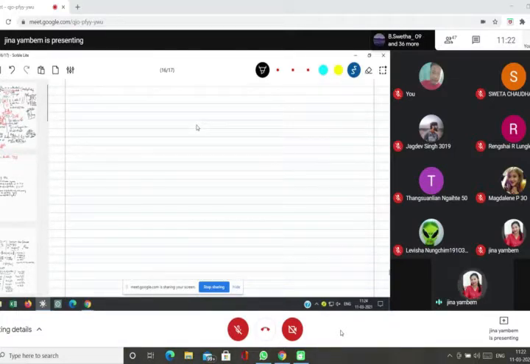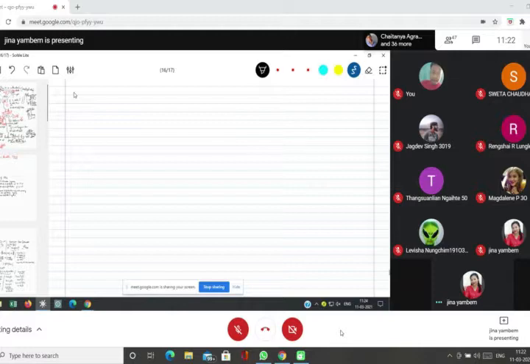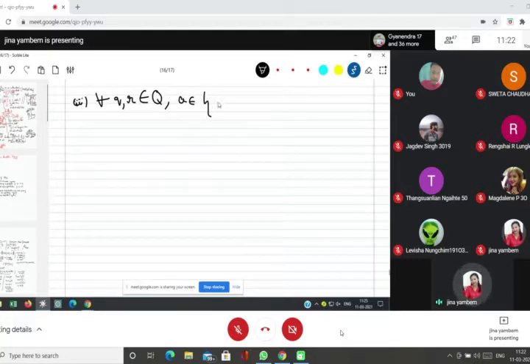Then the next one is rule number 3. For all q, r belongs to this, a belongs to the terminals, including epsilon, and then X belongs to the stack symbols.